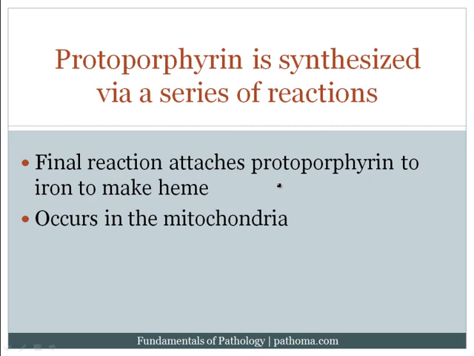Let me go back and create a little bit of a whiteboard here and remind you that the very first step in the production of protoporphyrin is that succinyl-CoA, which I'm going to just abbreviate here as this, is converted into aminolevulinic acid. That's the first step.